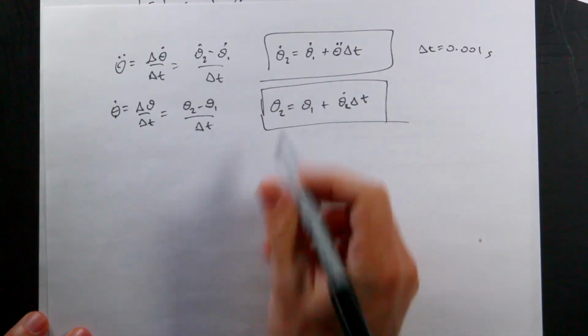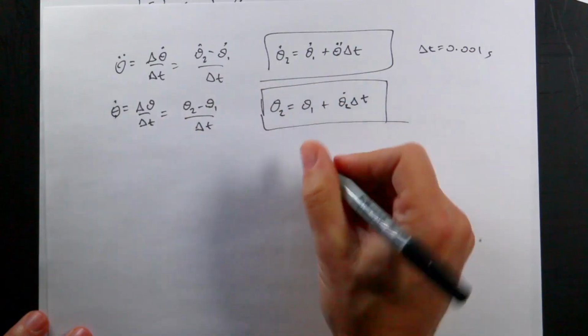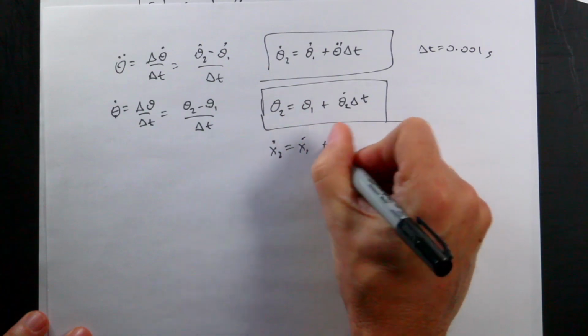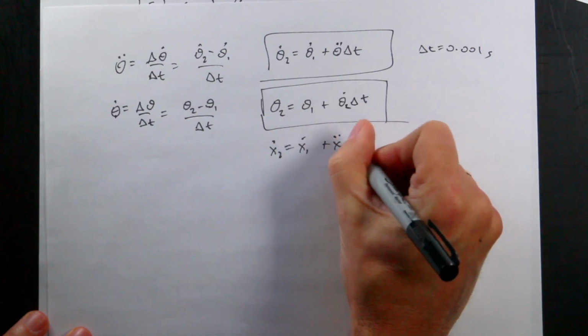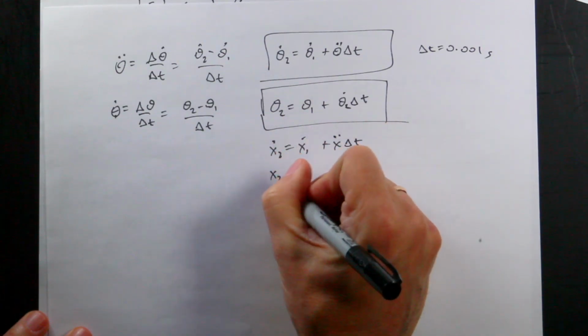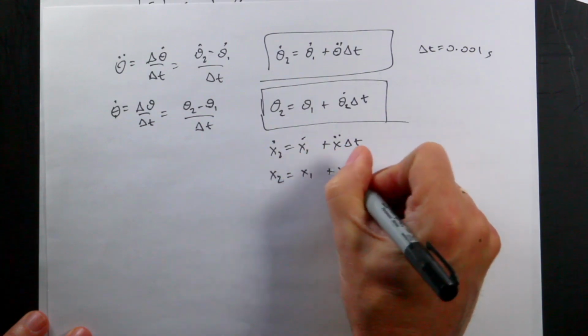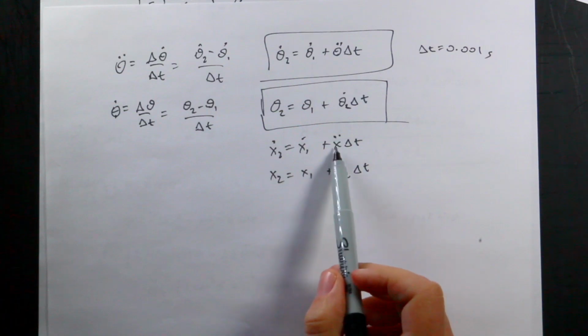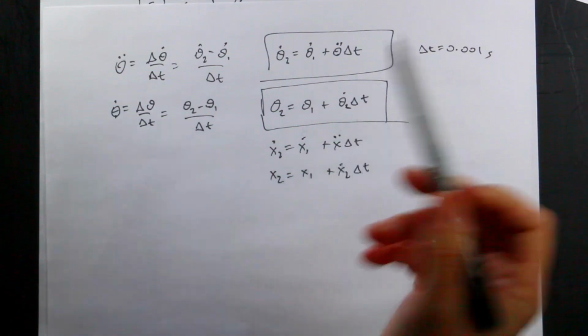I can also do the same thing for x double dot and x dot, and I get x2 dot equals x1 dot plus x double dot delta t. x2 equals x1 plus x2 dot delta t. So I can calculate x double dot because I just wrote that as an equation.